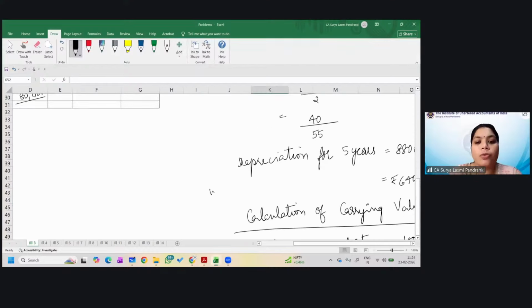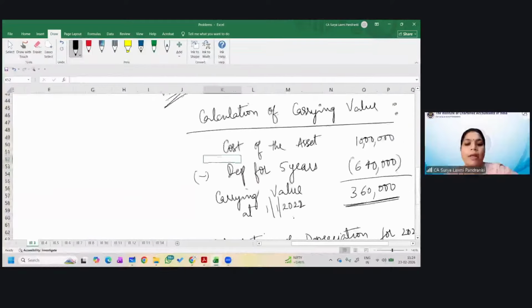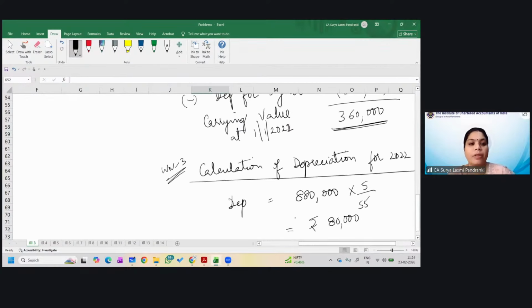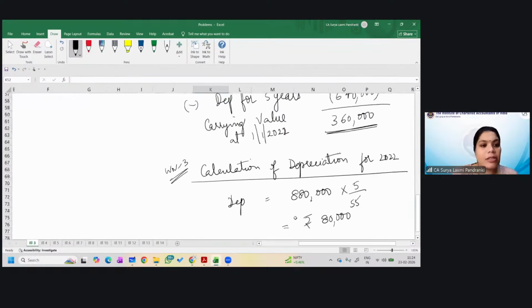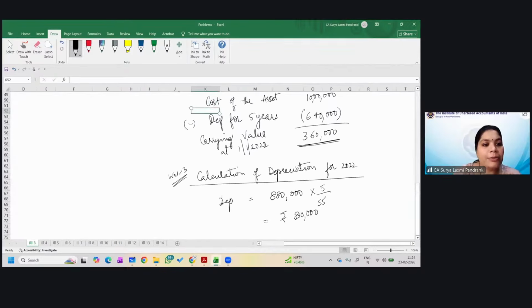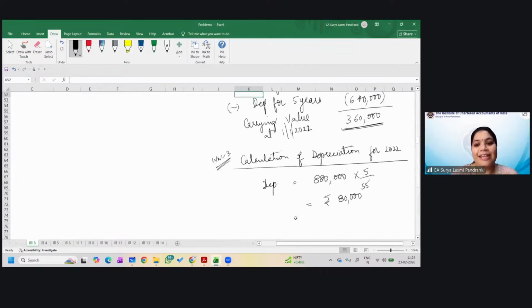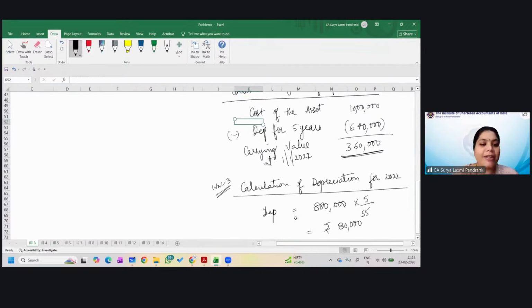In working note 2, we calculated the carrying value of the machine. And in working note 3, we calculated the depreciation for 2022. Is it done? Any questions in this? This is easy, I know. Easy, but which number you take is very important.